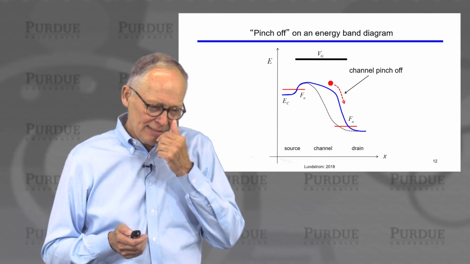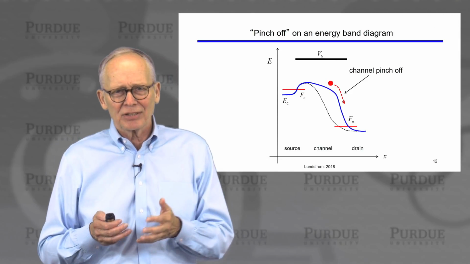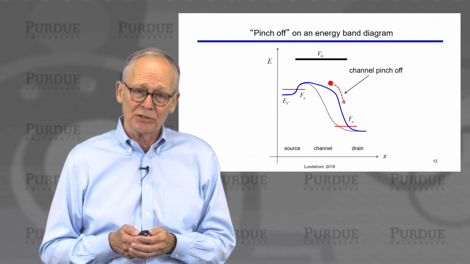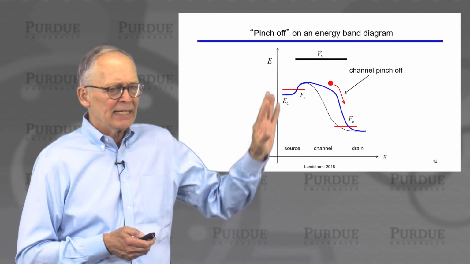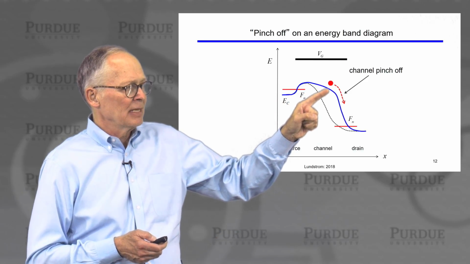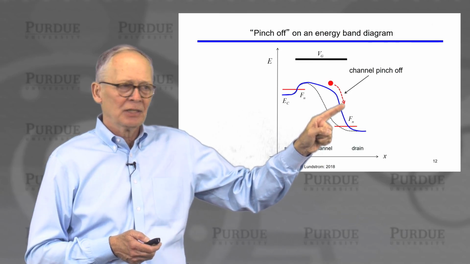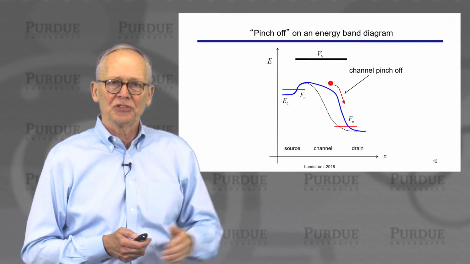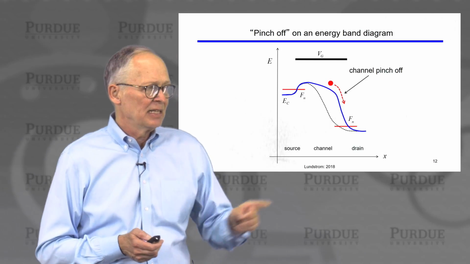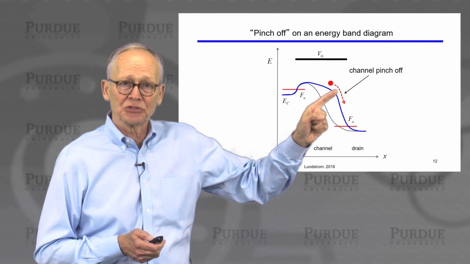Now, sometimes this is a point that causes confusion and difficulty in understanding how the current can continue to flow when the charge goes to 0. It's much easier to see on an energy band diagram. If we look at an energy band diagram for a long channel transistor, we will see that we get to a point near the end of the channel where suddenly the slope gets very steep. That's the electric field being very high in this pinch-off region. There aren't very many electrons in that region, but once they come to it, they don't stop flowing.